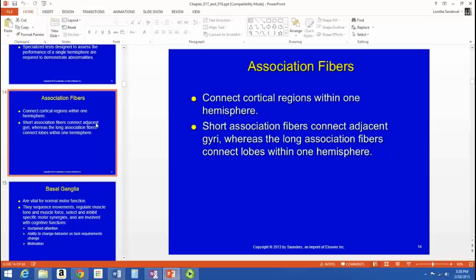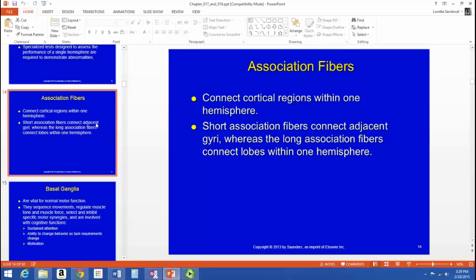So these are shorter. They connect adjacent gyri. And the longer ones connect lobes within one hemisphere. When we're talking more about the cerebrum, we'll talk about how there are different areas of the brain that are processing sensory information.